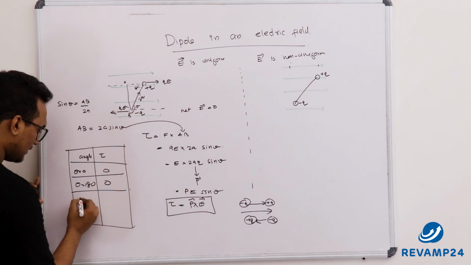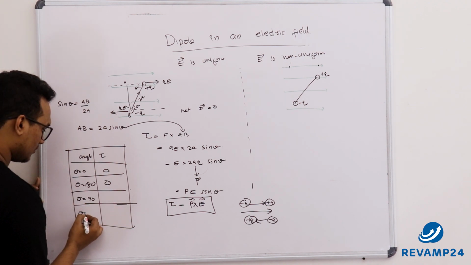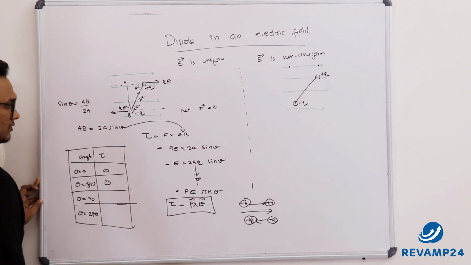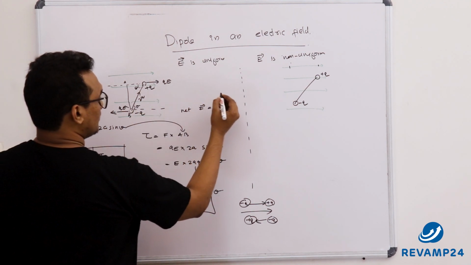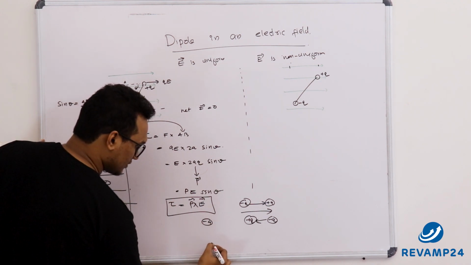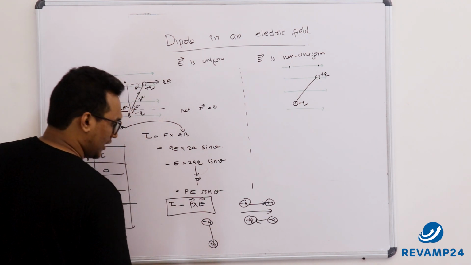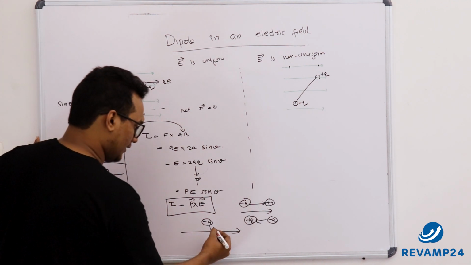Now theta is equal to 90 and theta is equal to 270. If theta is 90, that is this case, that is the maximum torque: minus Q and plus Q, the dipole moment, and we have the electric field in this way, at 90 degrees.